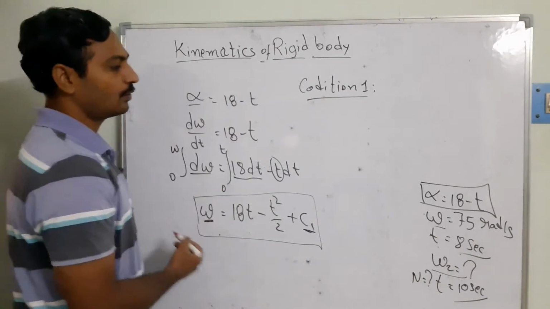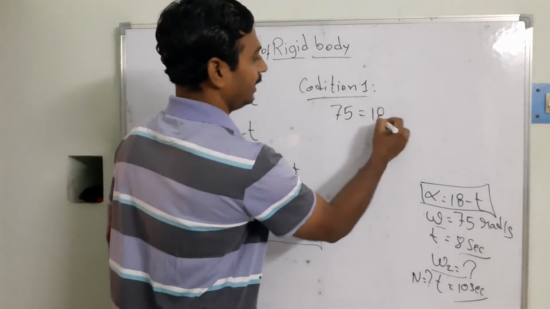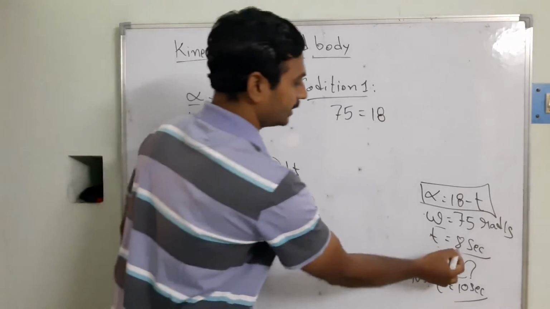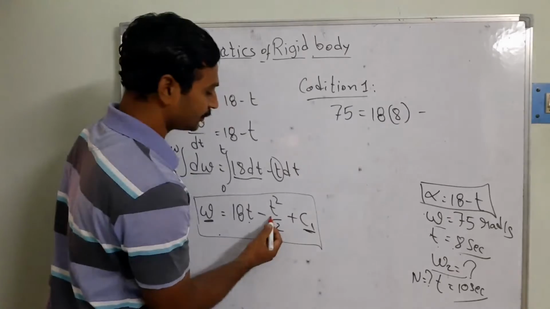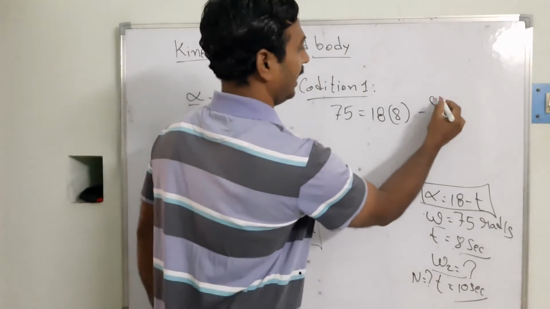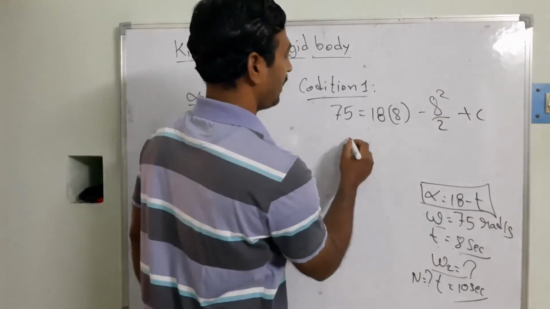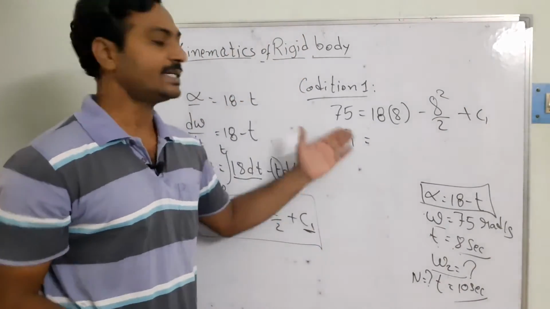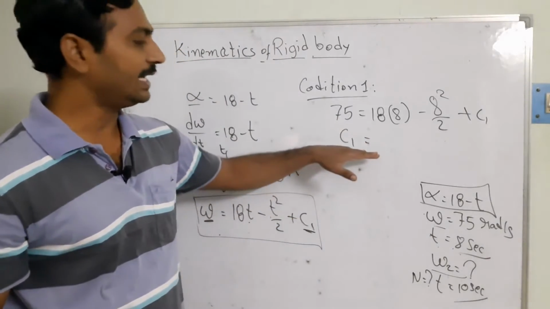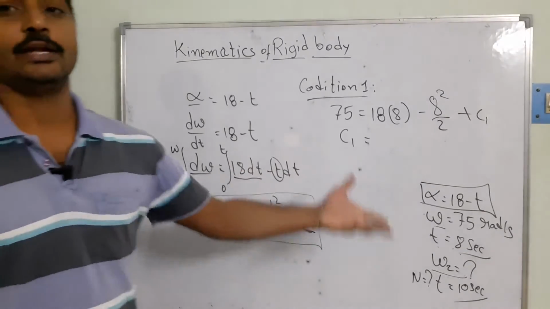So omega equal to 75 is equal to 18 into 8 minus 8 square by 2 plus c1. If I simplify this equation, can you tell me the value of c1? Once we get c1, I substitute it in this equation so that I can do the next step.